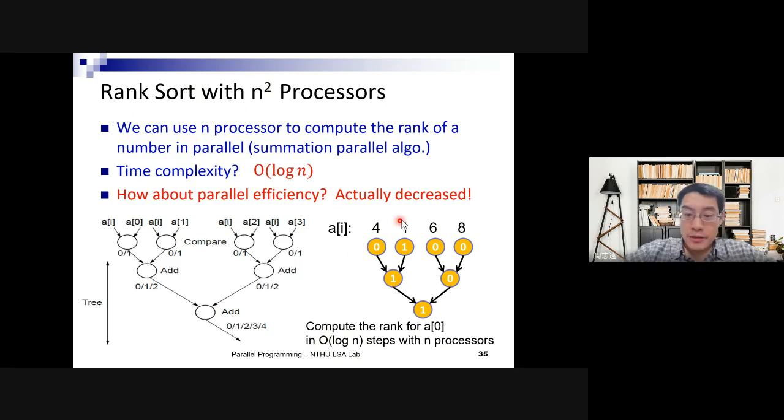Okay, but this technique is also quite common when we try to design a parallel algorithm. The technique I mentioned refers to the trick that you try to throw in even more processes in order to get a better overall time complexity, with the sacrifice of your parallel efficiency.